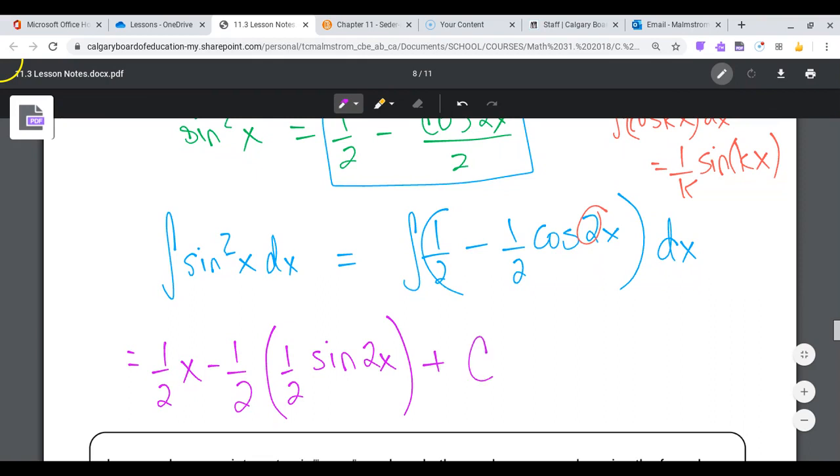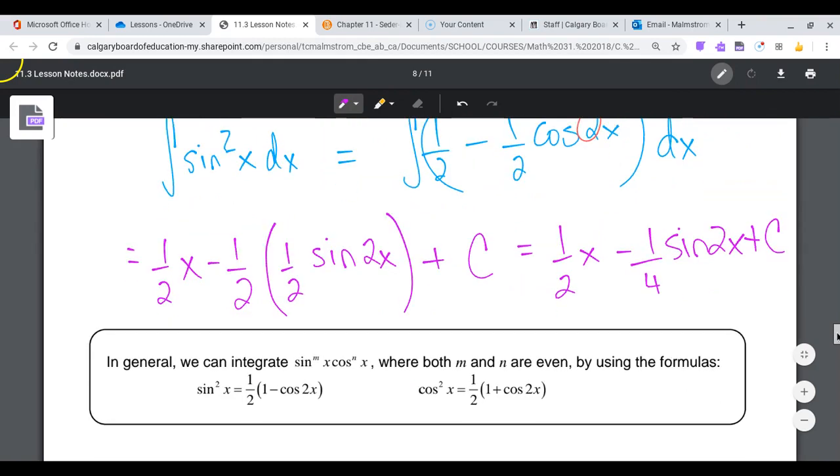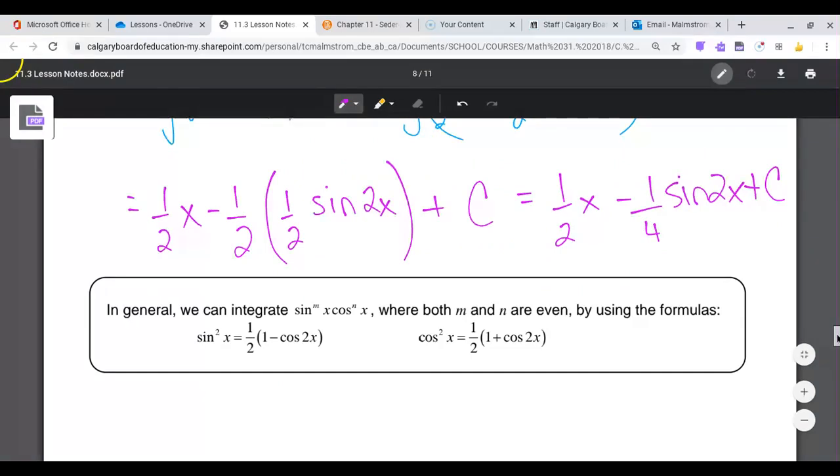When you tidy that up, you get 1/2 x minus 1/4 sine 2x plus c. So basically, anytime we're asked to integrate sine to the power of m, cos to the power of n, where both the m and the n are even, we can basically use that identity formula. You can factor out the half if you want.